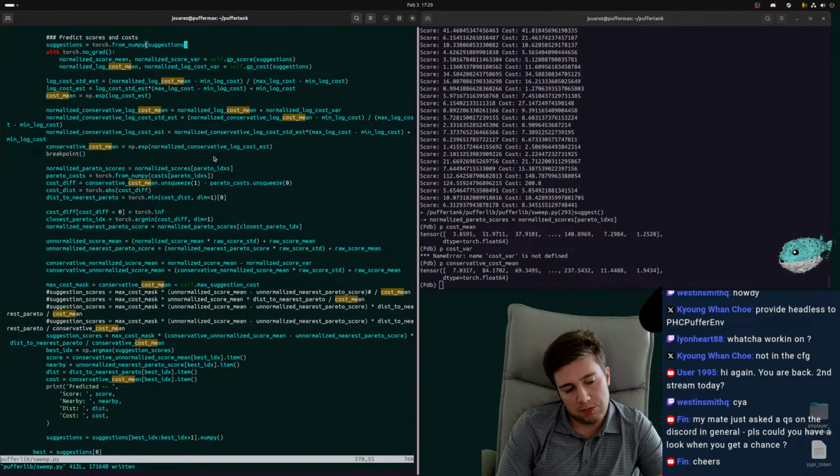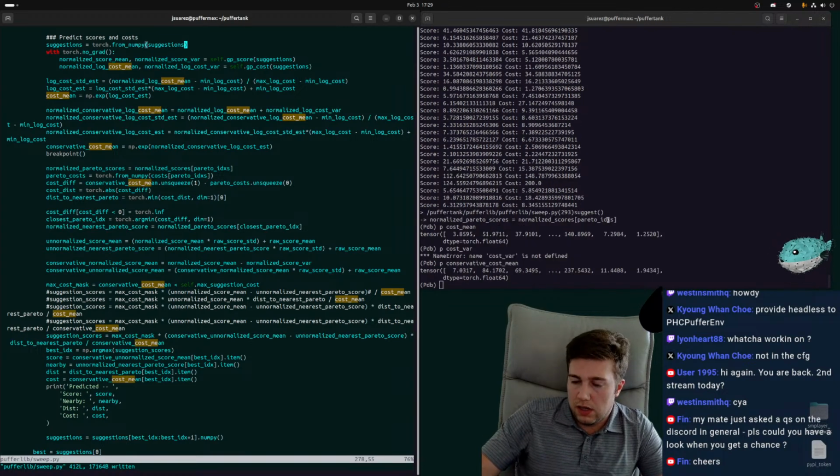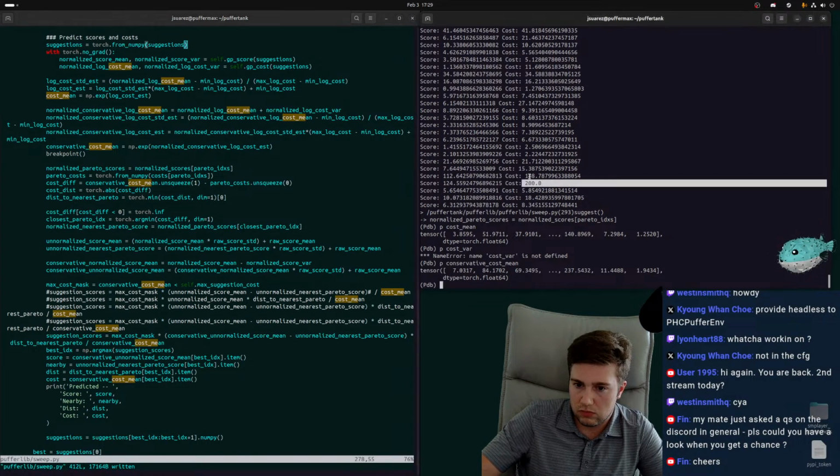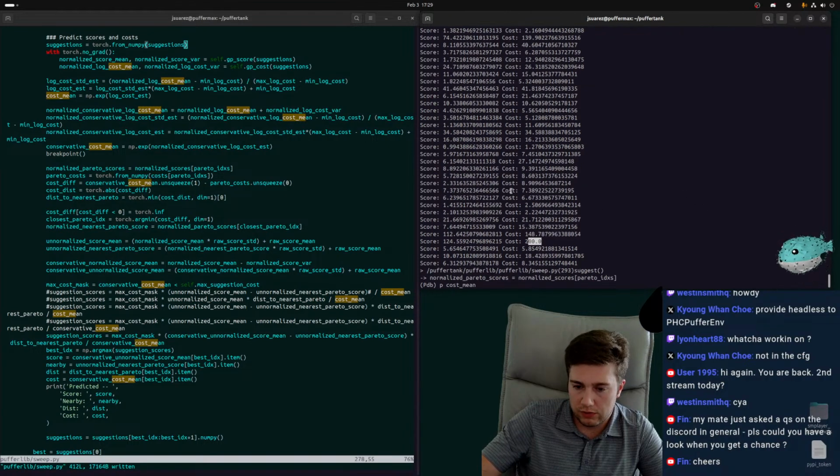I'm getting to be very skeptical here. Is this the kernel? Hang on, is this the kernel? There's literally like 1 point at 200.